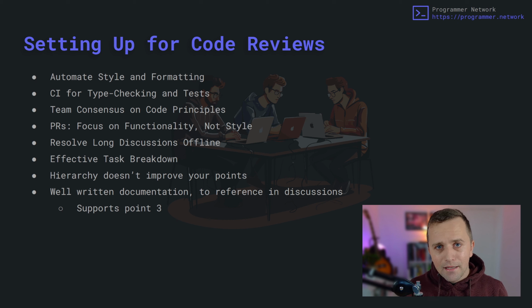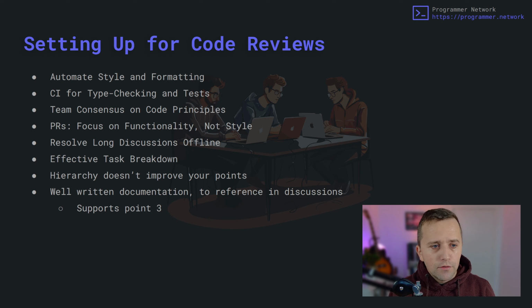This is something that has to be done locally, also on your continuous integration server, and then you can focus on actual functionality. So as you can see, the first two points here are automate style and formatting, and CI for type checking and tests. Every single repository out there, open source, private, your company repositories, they have to have this.